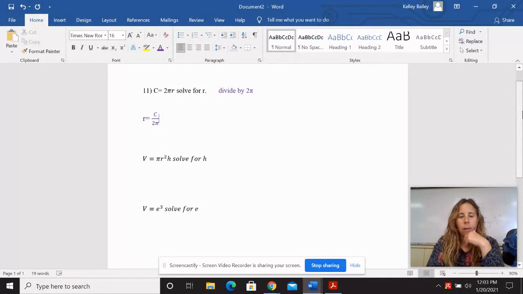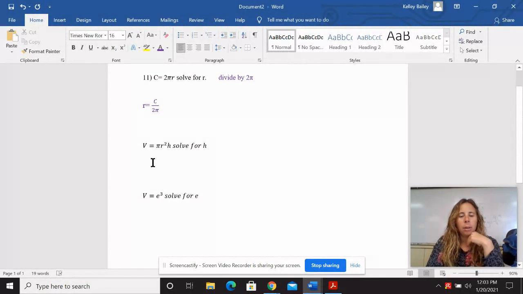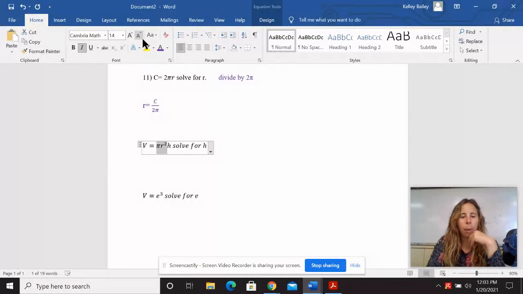All right. So here we go, solve for h. V equals pi r squared h. So similar idea, I'm multiplying h by pi r squared.